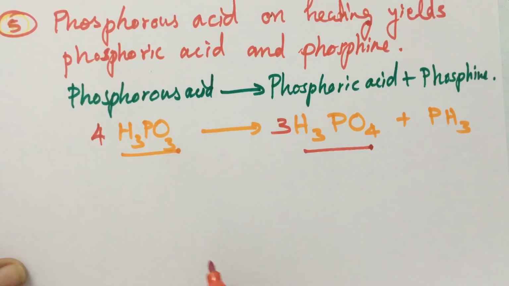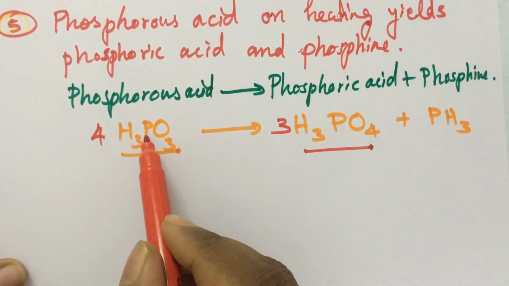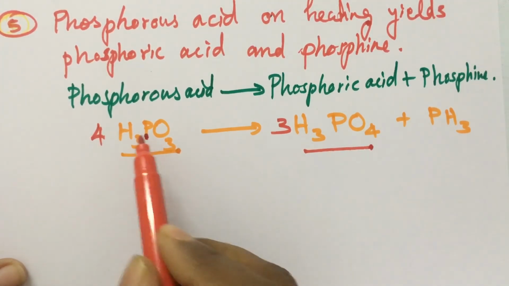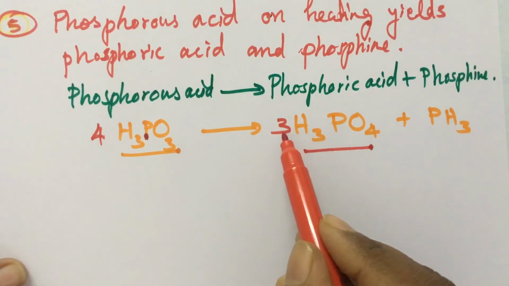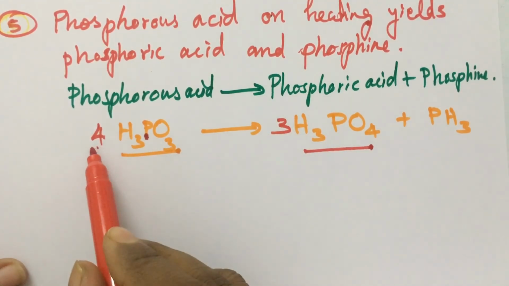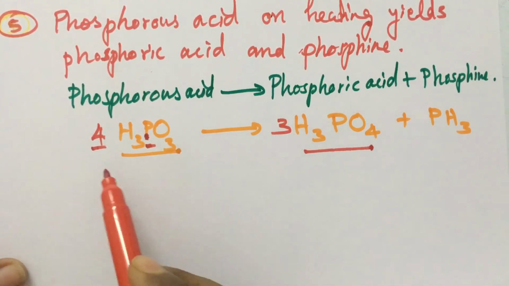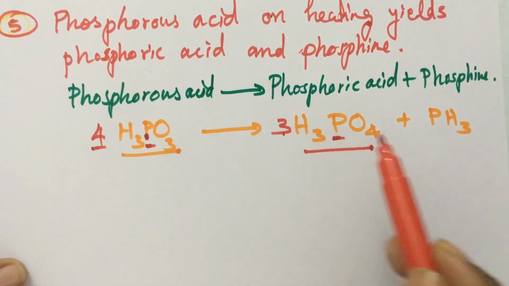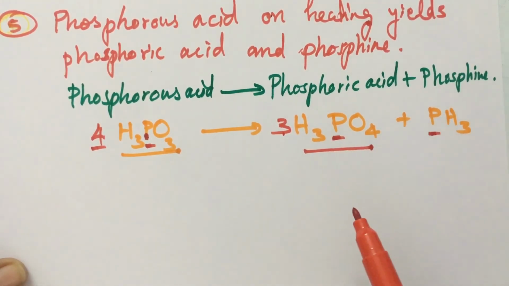Correct? Now this equation is balanced in P and hydrogen atoms also, because this 4 is common for this P also, so this becomes 4 phosphorus, here 3 phosphorus and 1 phosphorus already there, so we have 4 phosphorus atoms.